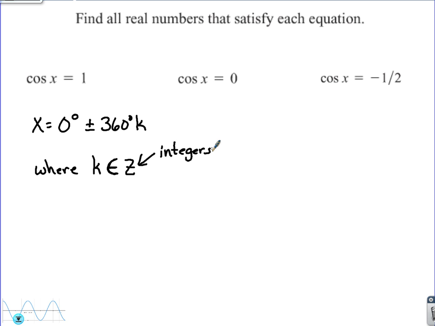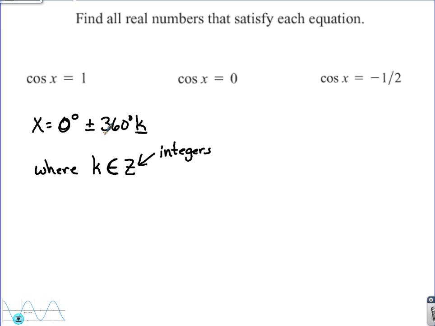So what that means is, your answer is 0 degrees plus or minus any whole number times 360 degrees. So that could be 0 degrees plus 1 360, 0 degrees plus 2 360s, 0 degrees plus 3 360s. Or it could be 0 degrees minus 1 360, 0 degrees minus 2 360s.